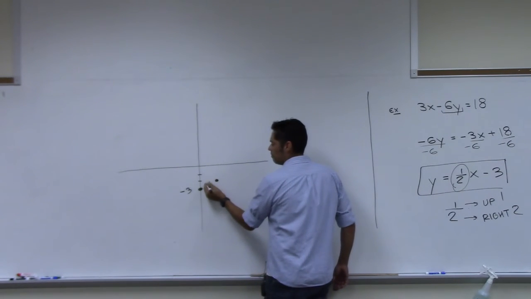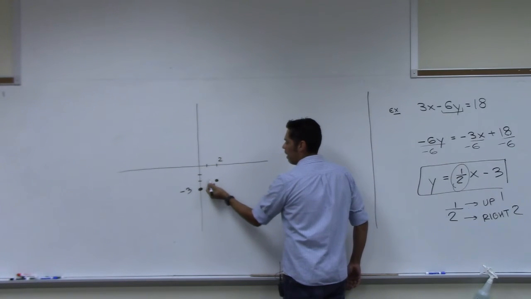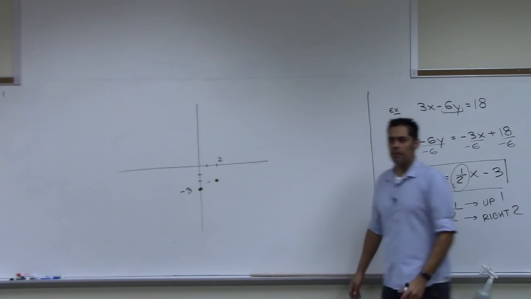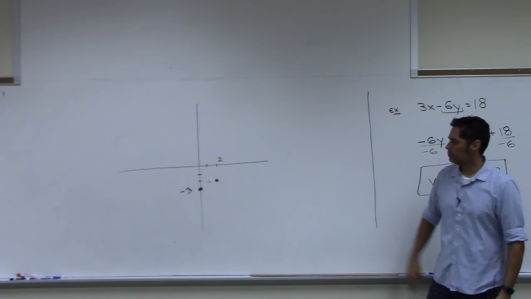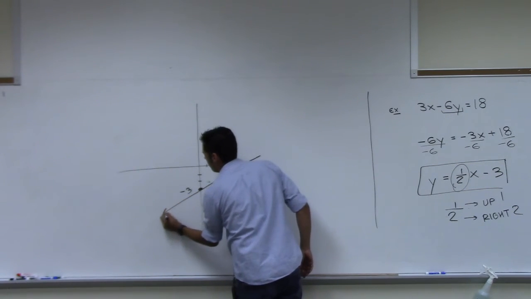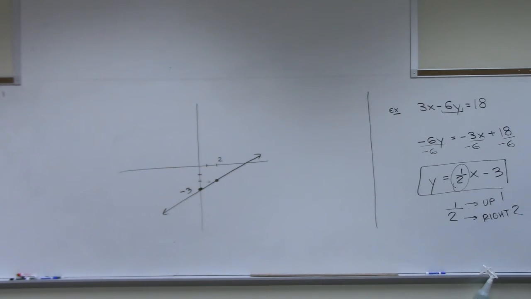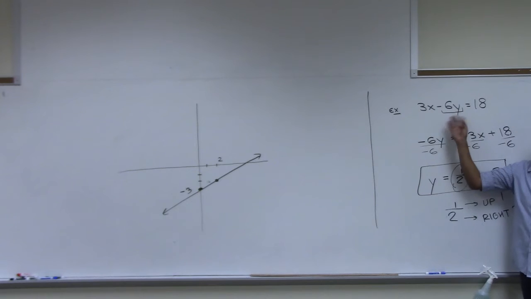That was just showing you where I was. Up 1, right 2. Once I have 2 points, I'm good, right? I can draw a line. What was the x-intercept of this? We did that earlier. What was the x-intercept?